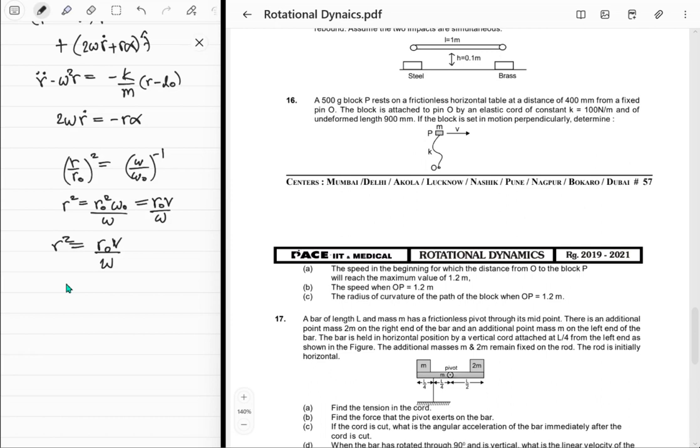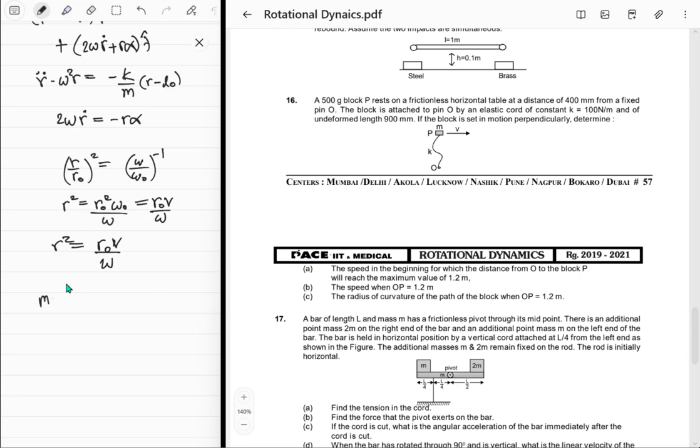Your omega is going to change throughout, and then r squared is equal to r naught v upon omega. Oh come on, this is so not good. Yeah, velocity is kind of constant. Okay, perfect. This guy's inertia changes and whatnot. Oh yeah, this is just the inertia thing.